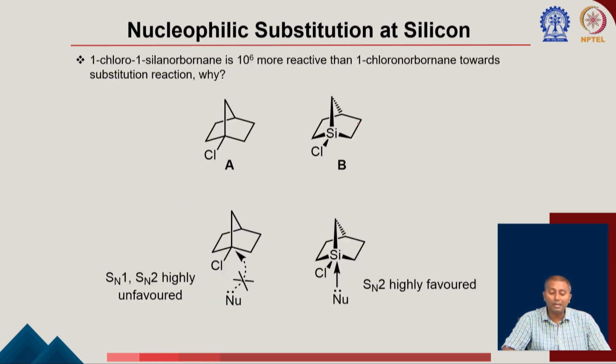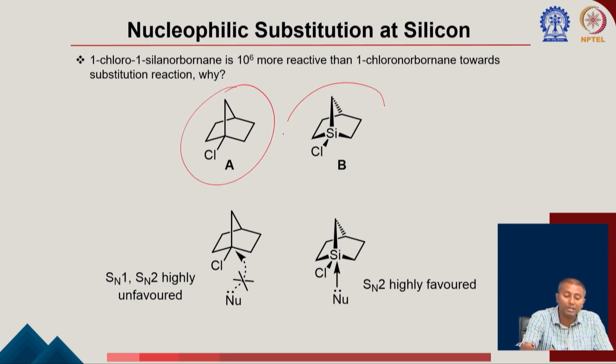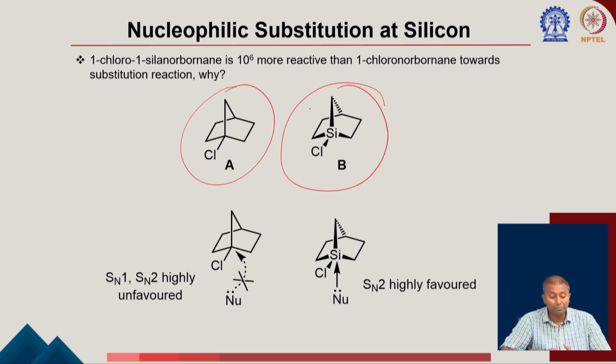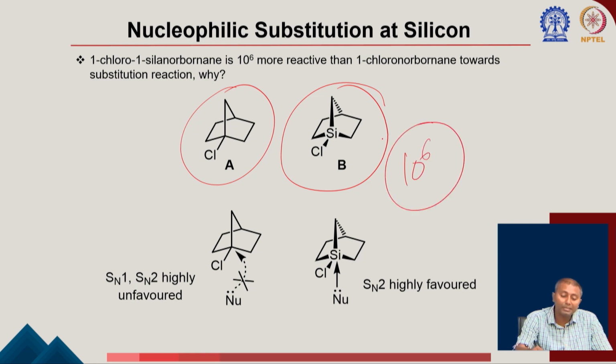So, these are some examples. If you have these two structures and you compare them for the substitution reaction rate, you can see that the corresponding silicon is 10 to the power 6 times more reactive compared to the corresponding carbon. What is happening here? For this particular carbon, if you try to form a carbocation in the bridgehead position, that is difficult, and at the same time it is a tertiary.